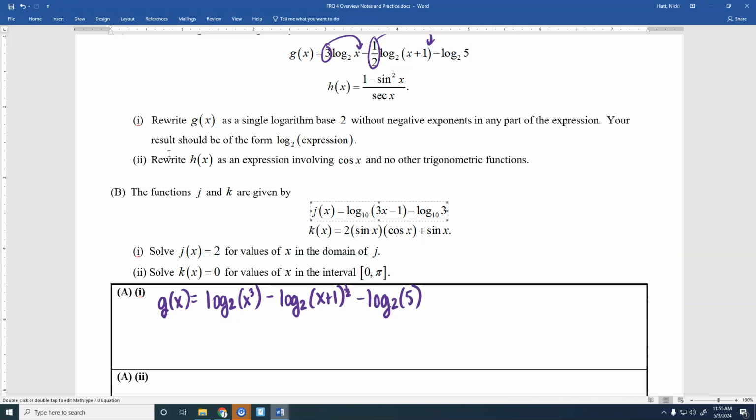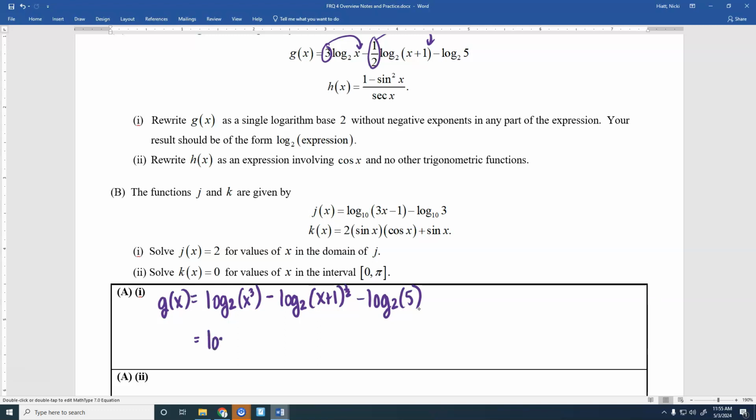Now that we don't have any coefficients, we can start using either our product or quotient rules. I would do the first two and then worry about the next one, just for clarity here. There are other ways you can deal with this, but I'd probably just do the first two and then worry about the last. So when we have subtraction, we put those together using what operation? Division.